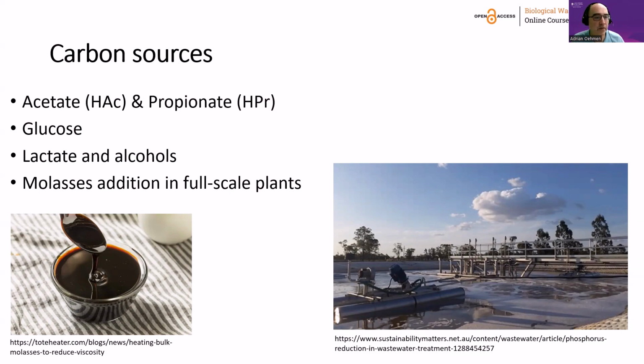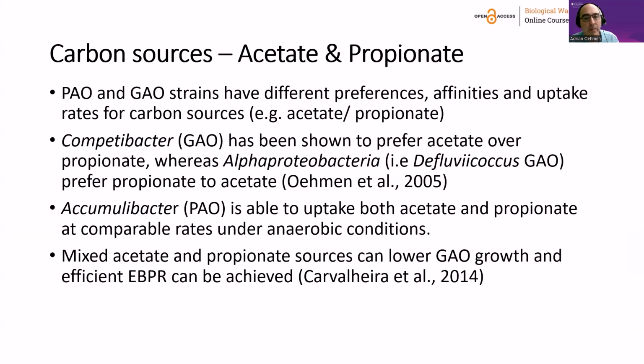Glucose and other sugars can be a potential carbon source for POW activity. Lactate and other alcohols, and also molasses addition in full-scale plants in fermenters, for example. These are some carbon sources that have been examined in the literature, just some examples of the types that have been looked at to try to help drive EBPR.